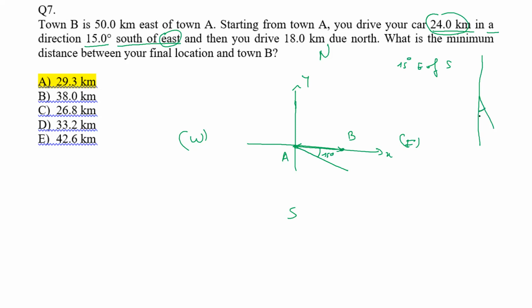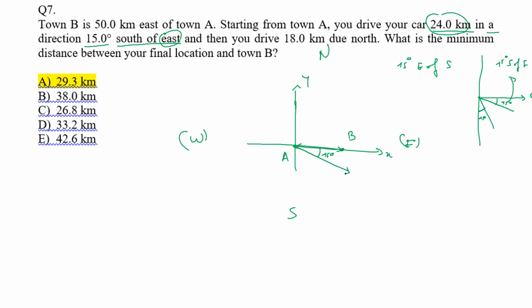But south of east, this is the angle I'm giving you. This is 15 degrees south of east, because this is east and you go 15 degrees in this direction. Be careful with these angles. Okay, good.